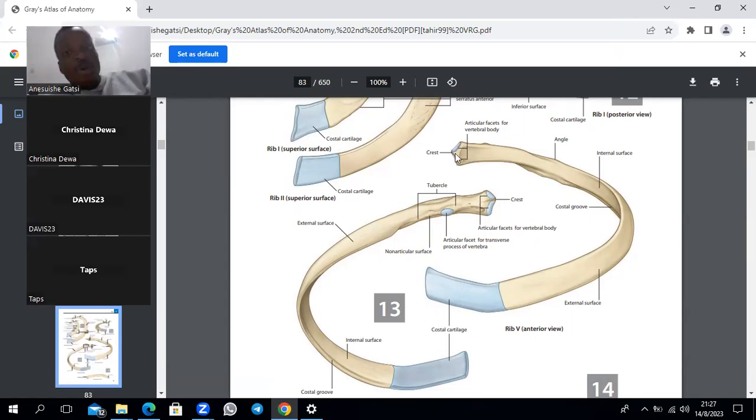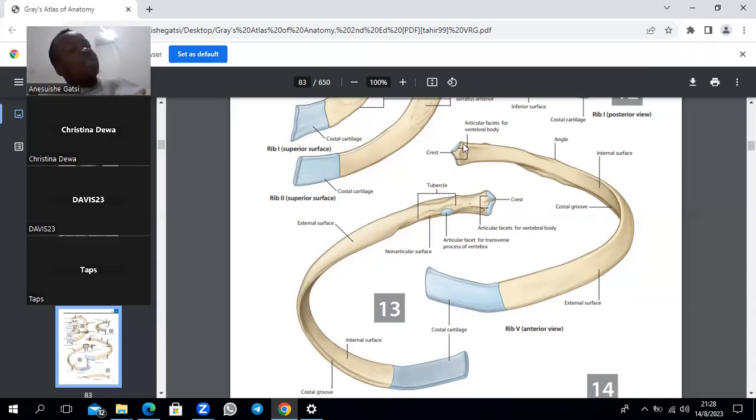So we'll start with this end here. This is where we have the head. The head of a rib will have 2 facets. Right. Why 2 facets? So get me right. For a rib, for example, rib number 5, the reason why it needs 2 facets: one is for articulation with the vertebral body at its level, meaning vertebral body T5.